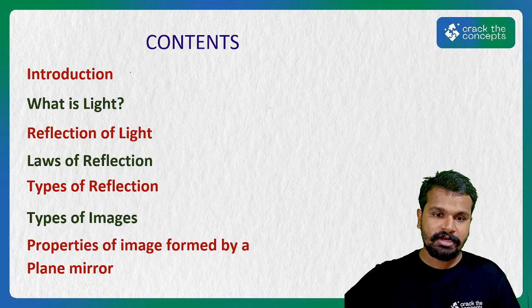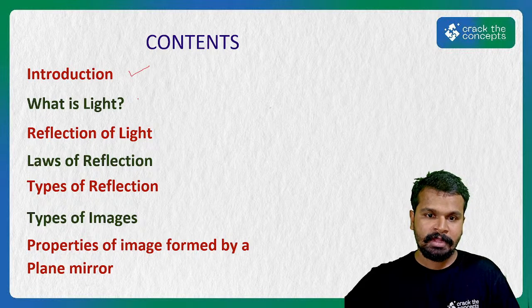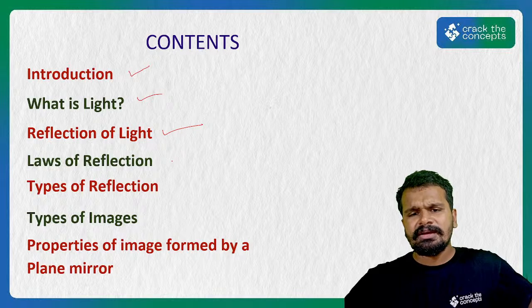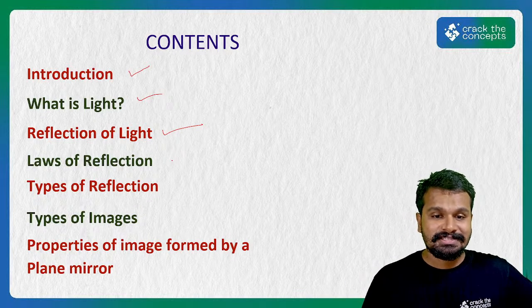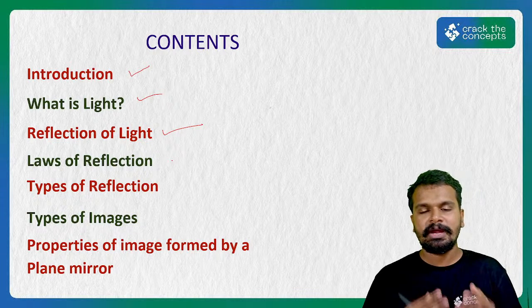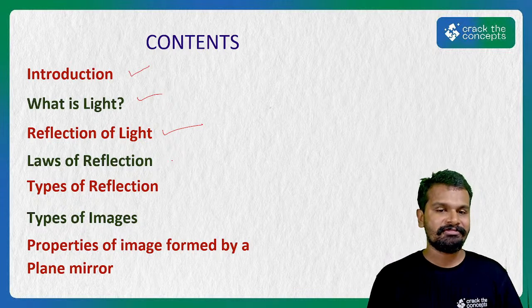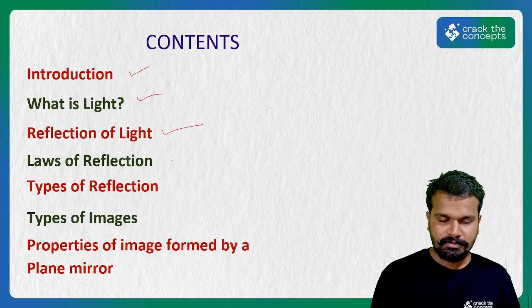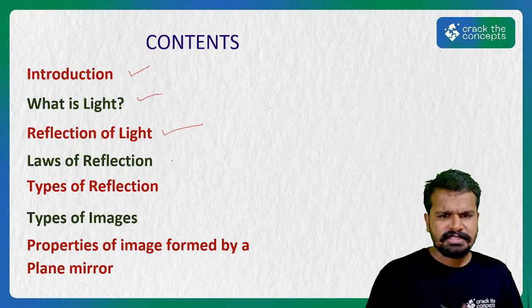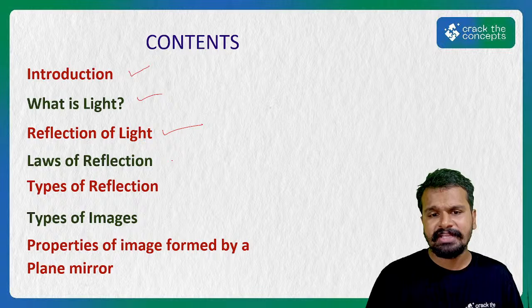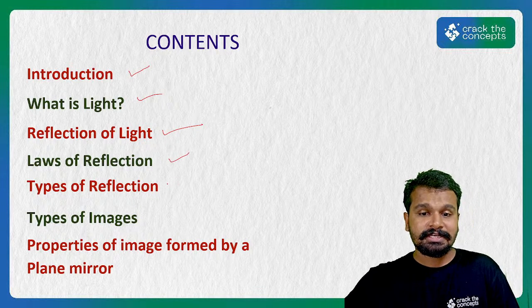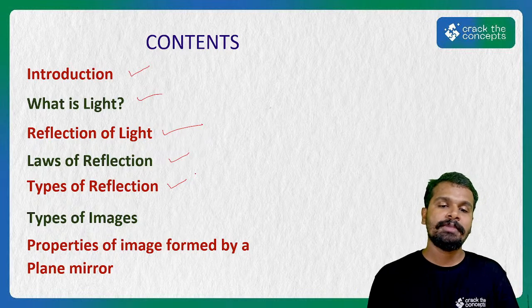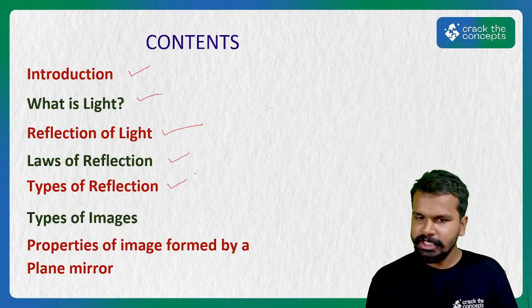You are already familiar with reflection, but now you are in 10th standard, not in 6th or 7th standard, so you should know the correct definition for reflection. You can't write the same definition you studied in 7th and 8th. After that we'll discuss the types of reflection, how many types there are, you already know there are 2 types.